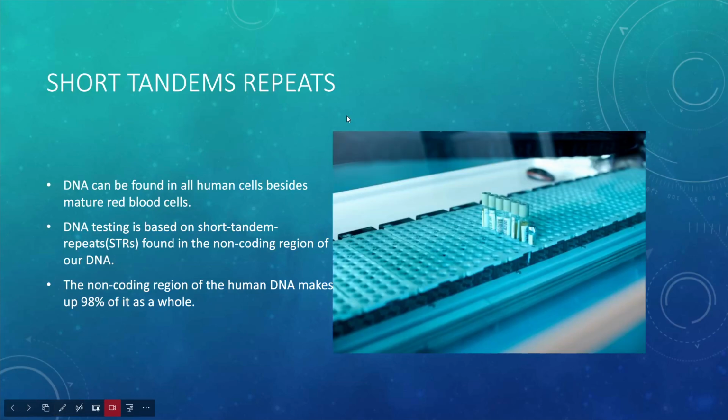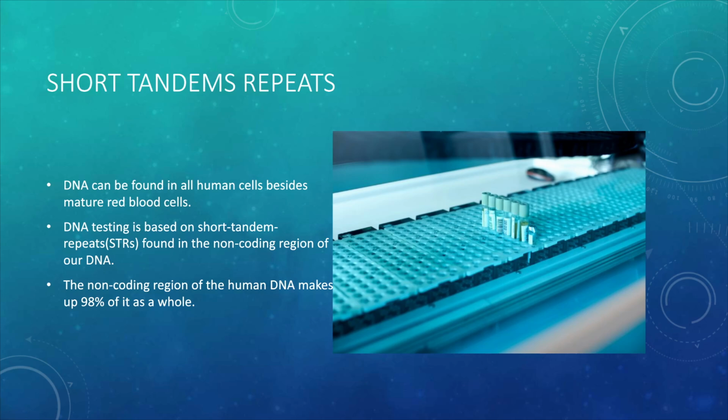One of the big principles that modern forensic DNA is based off of is short tandem repeats. So first off, a little basic introduction. DNA can be found in almost all human cells, besides red blood cells.